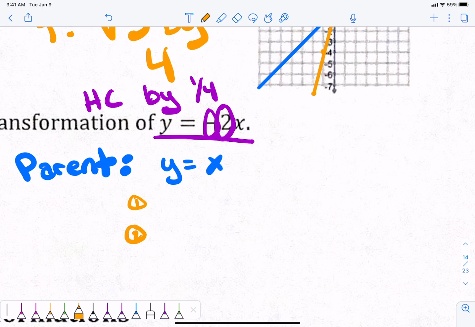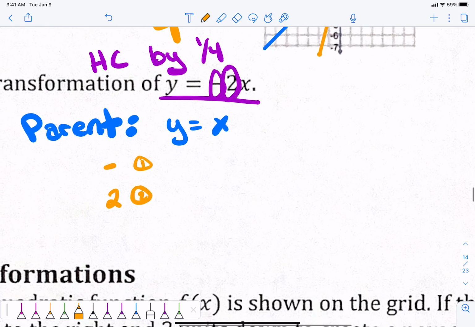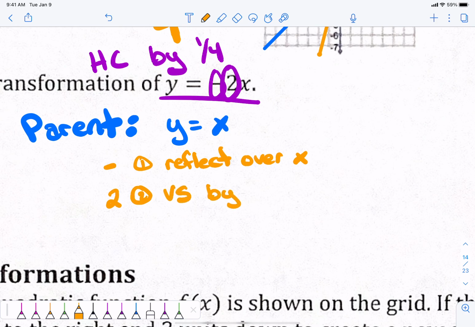Do you want to deal with the 2 first or the negative first? Negative. Okay, so we have a negative and we have a 2. All right, negative is a reflection how? Reflect over x. Now, the 2 is a vertical stretch by 2.